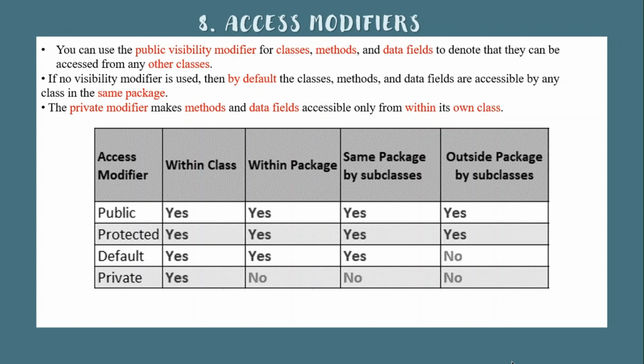Okay, so the only access I'm not going to be able to do is outside package by subclasses, while private is going to give me the access only within the class. So within package or same package by subclasses or outside package by subclasses, all of that can't be accessed.